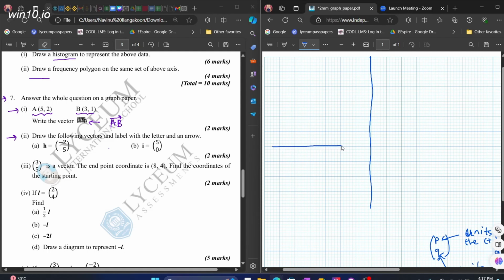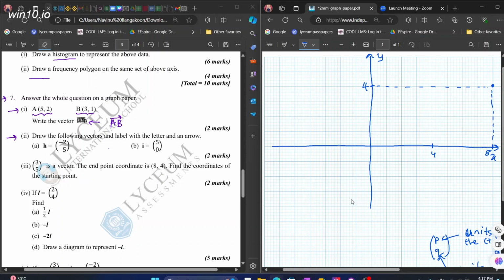Y, X. Now the ending point is (8, 4). So 4, here 8 and 4. Here 8. So this is the ending point. So our given vector is (3, 5).